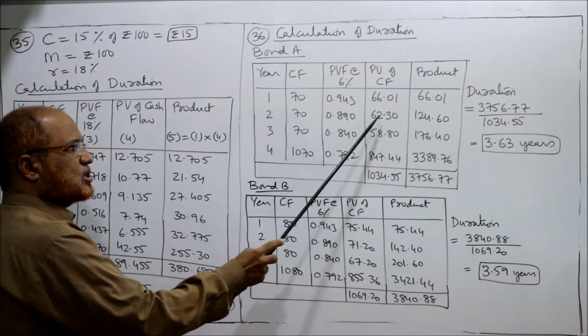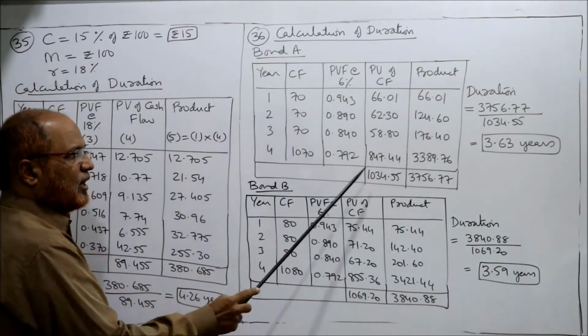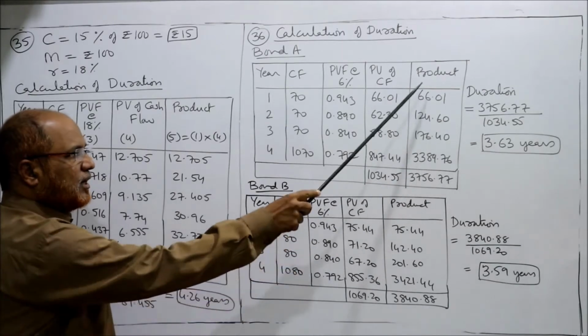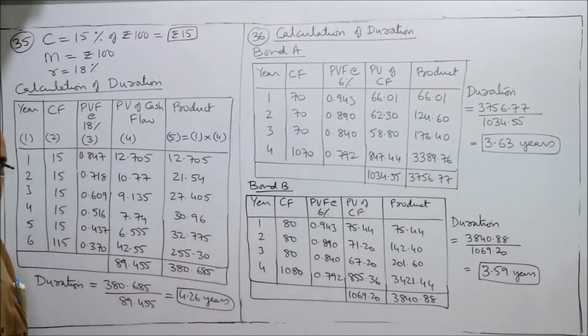Similarly, 2 into 62.30, 3 into 58.80, 4 into 847.44. Take the total. So duration is total of product divided by total of PV of cash flow.